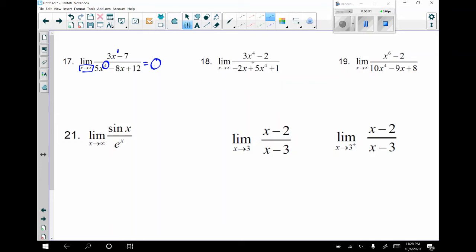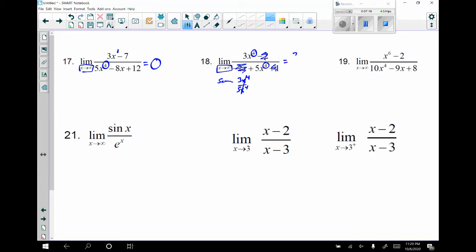The next one, again, limit as x goes to infinity, so we're using those horizontal asymptote rules. 4th power on top, 4th power on the bottom, same power. Same power is a ratio of those coefficients. Really, we can get rid of everything else that wasn't the highest degree. 3x to the 4th over 5x to the 4th. That cancels. Really, that's why we just have the ratio of coefficients.